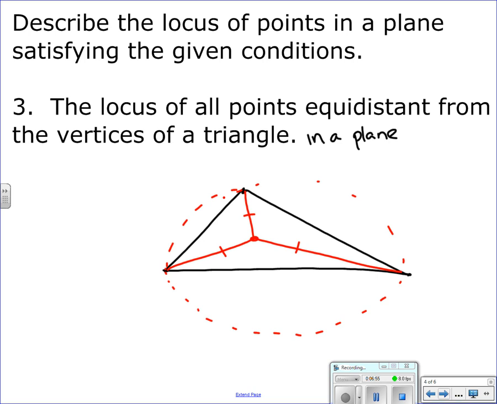Well, what point is equidistant from two endpoints of a segment? Each one of these points is going to be on the perpendicular bisector.